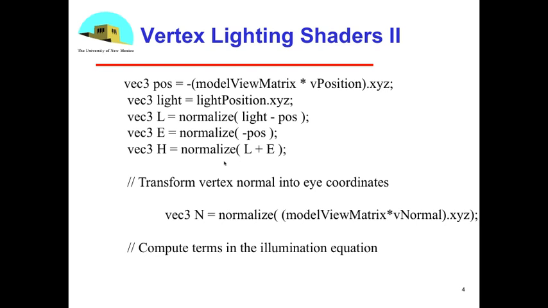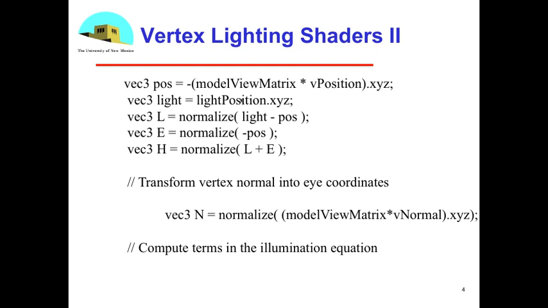You can do the calculation of the light in the object coordinate space, or in the eye coordinate space. There are real arguments for doing it in the eye coordinate space. Otherwise, you can get into problems where it's just not going to look right. The specular reflections won't be in the right place, and also how it then combines with some other things we'll be doing later. So I'm going to do this calculation in eye coordinates.